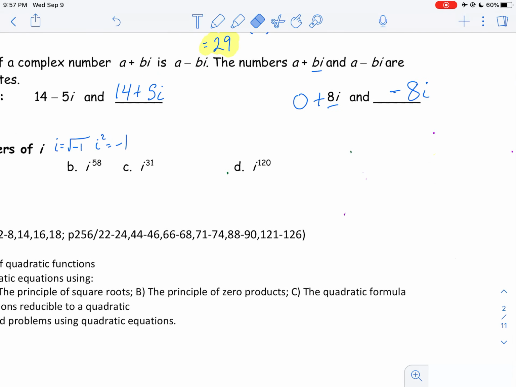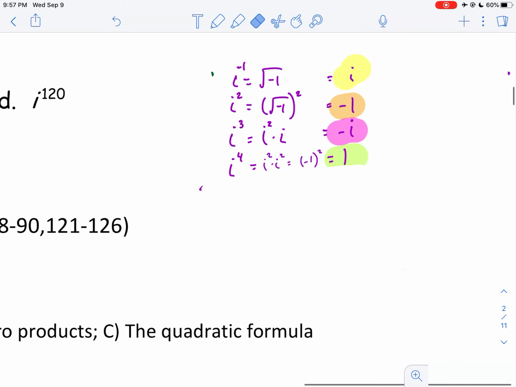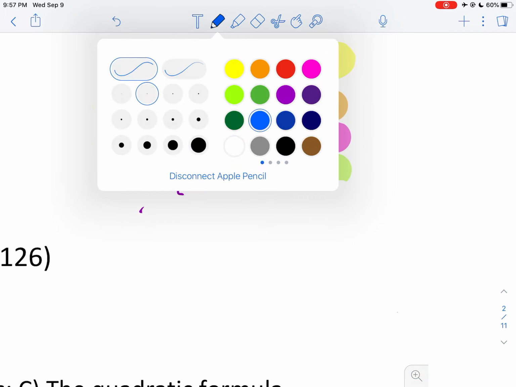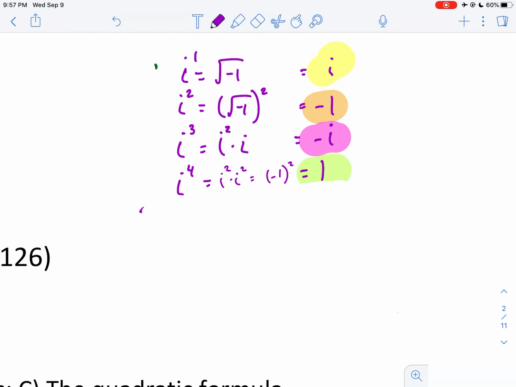I've written some things out over here that I'd like to show you. So if you take a look here, I have i to the first power. I to the second power, we've already talked about that. If you look at i to the third power here, that's the same as i squared times i.